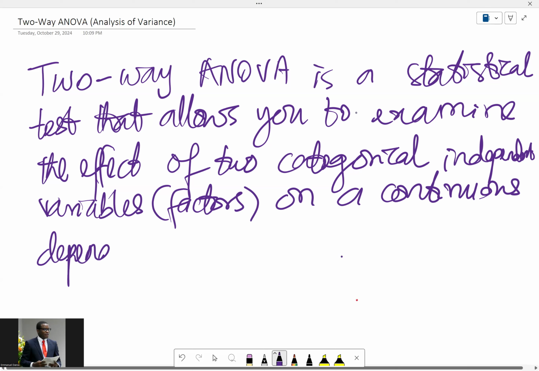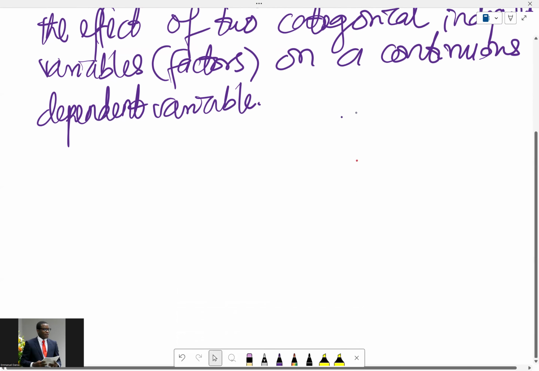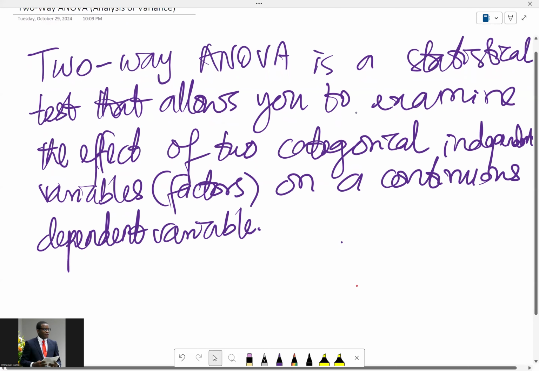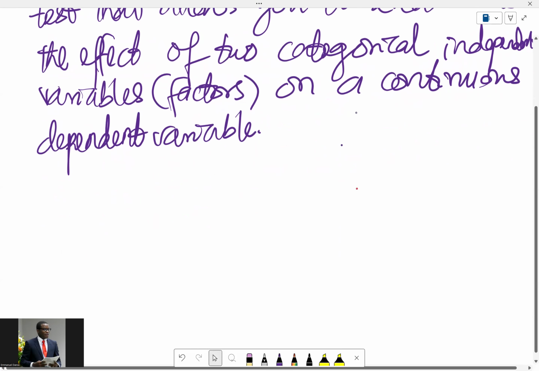So here you have a continuous dependent variable, but then you want to see the impact of two categorical independent variables on it. Of course, we should remember that ANOVA is one of the parametric tests.